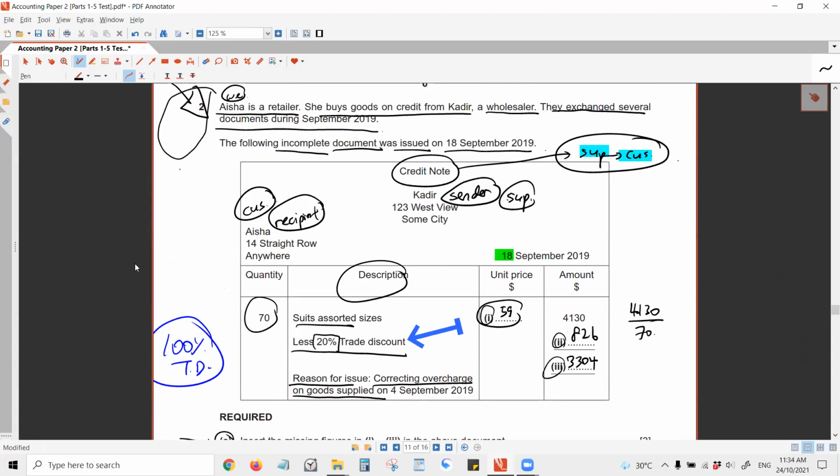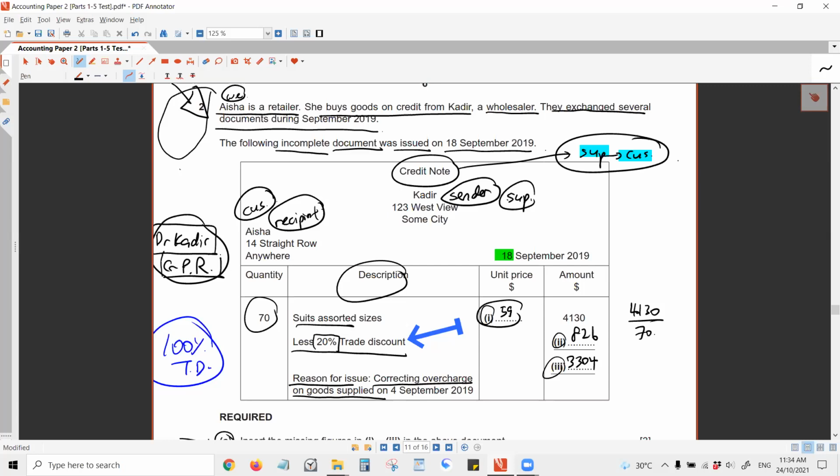We are Aisha, the customer, so we will credit purchases returns and debit Car Deal. This is something you need to be able to do also. When you see the document, you must understand what happens, then determine the double entry. Sometimes you have to do so.